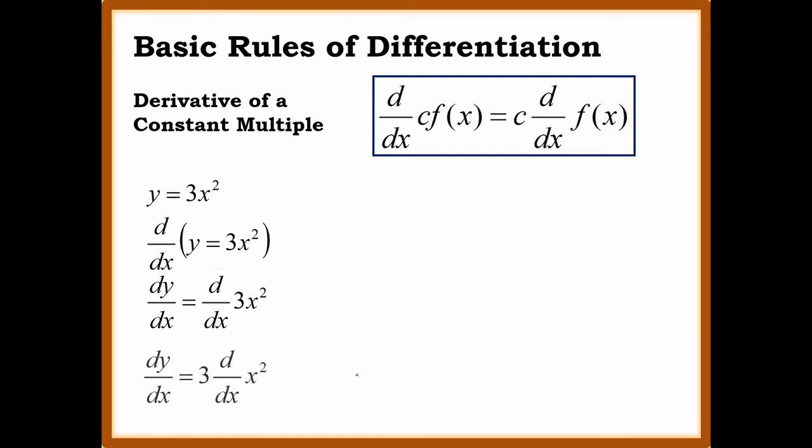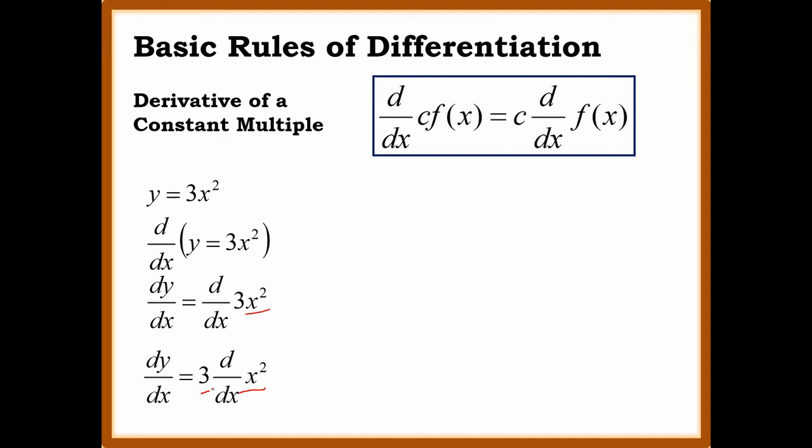In this case, dy over dx is just equal to 3 derivative d over dx ni x squared. Ang natira sa loob ay si x squared. Constant lang ang pwede nating gamitan nitong concept na to. Okay? Constant multiplied to a certain function of x. That is for our second rule.